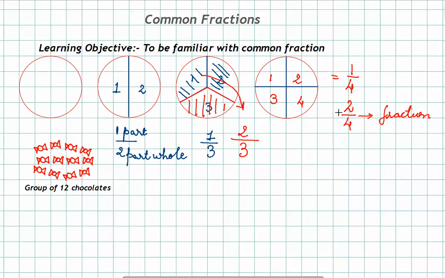And the number of parts being consumed is known as the numerator, and the total number of parts in which a whole is divided is known as the denominator.